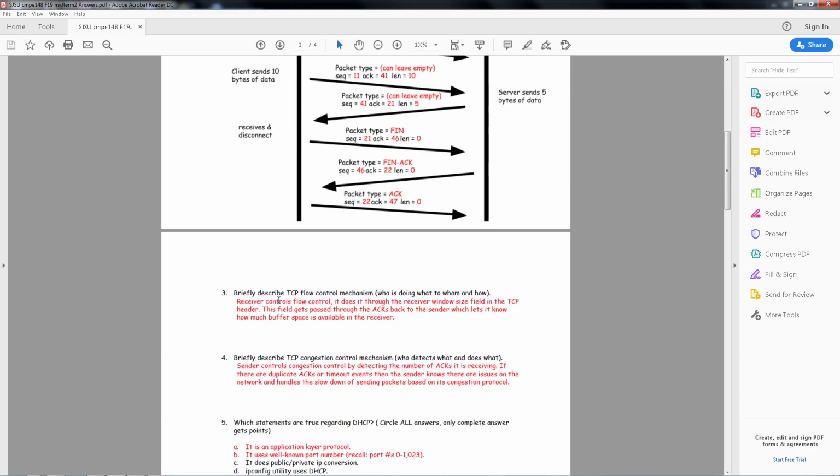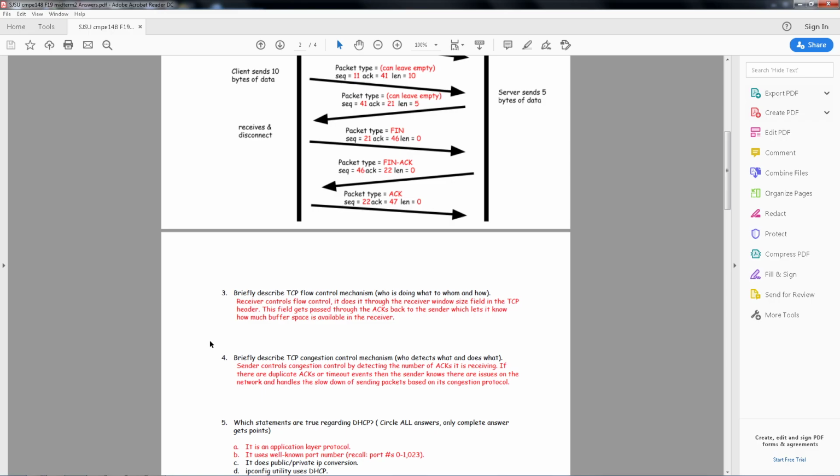Alright, briefly describe TCP flow control mechanisms, who is doing what to whom and how. So the receiver controls the flow control. It does so by advertising the receiving window size in its header, and that header field gets passed through the acknowledgements to the sender, and that will let the sender know how much space is left inside the receiver's buffer.